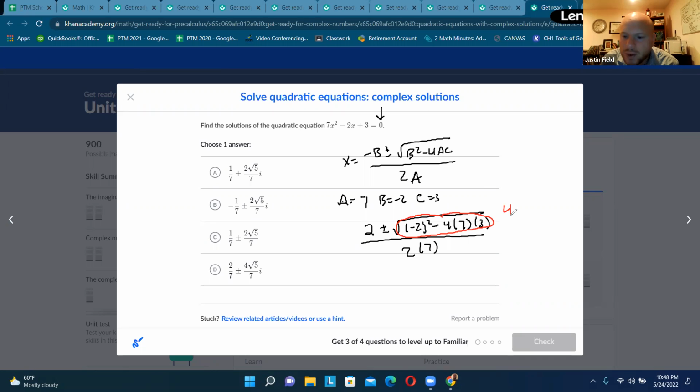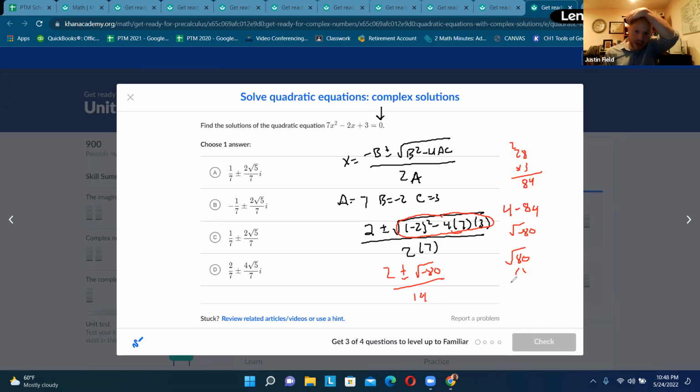So this is 4 minus 28 times 3, which is 84. Uh-oh. The square root of negative 80. So we have 2 plus or minus the square root of negative 80 over 14. And I don't even see the square root of negative 80, so we're going to have to simplify that.